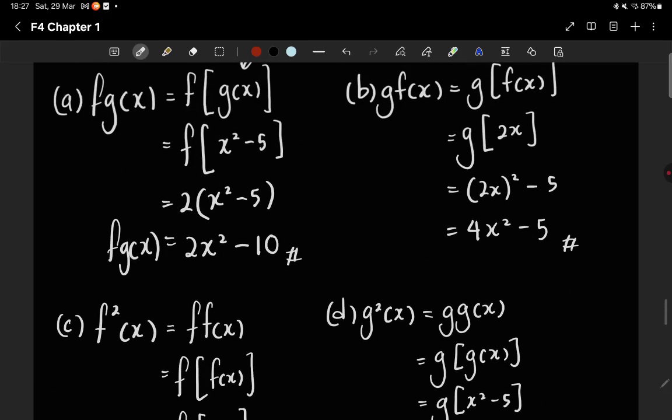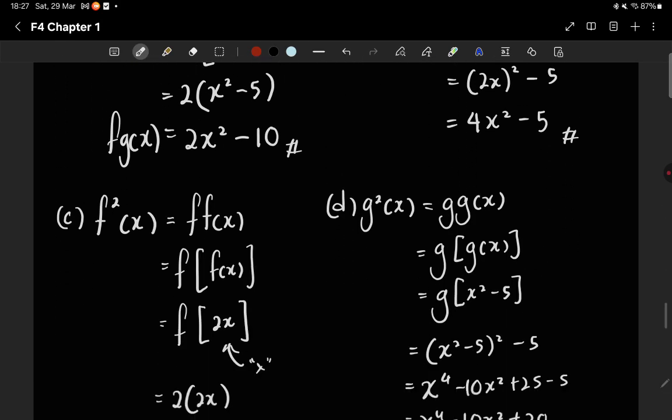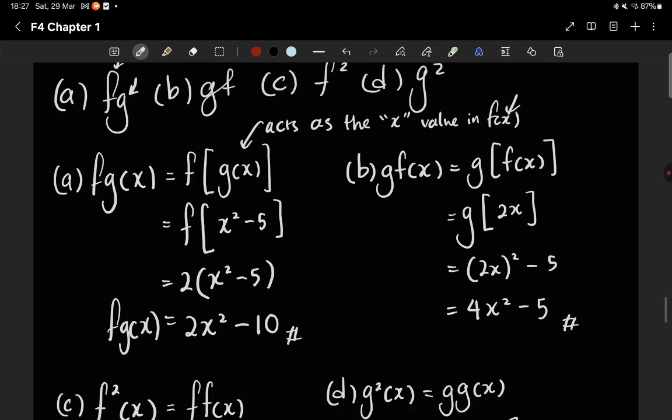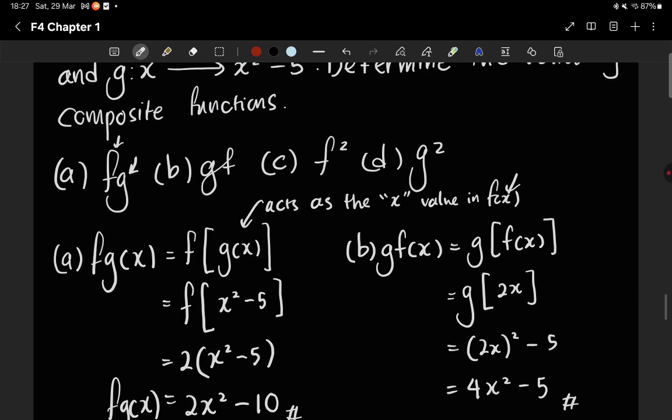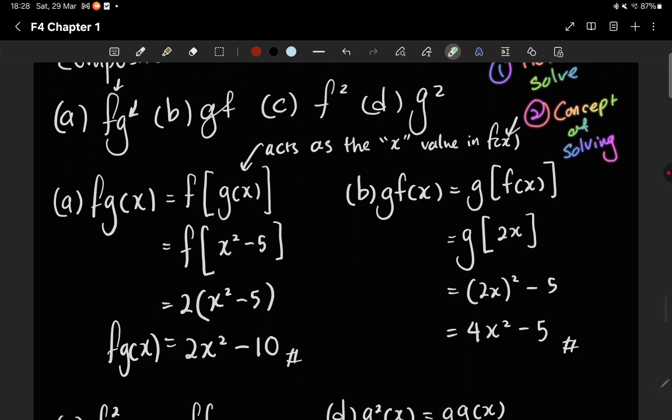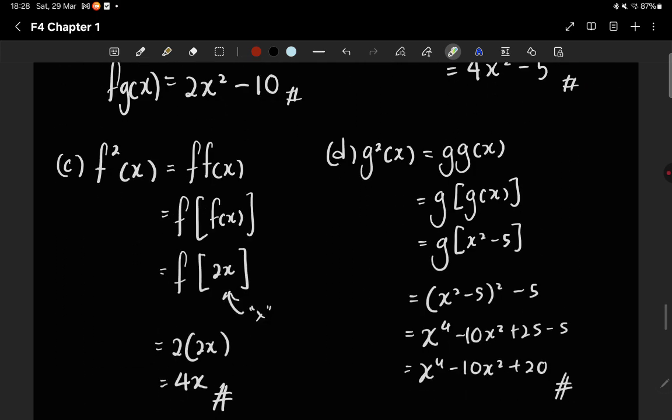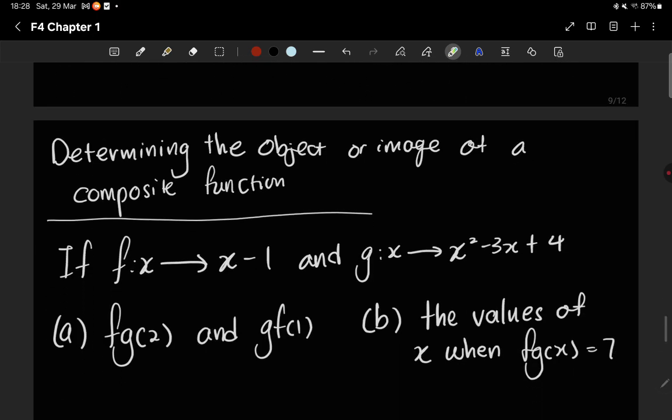Okay, so the reason why I did these simple questions was to show how I solved it, and number 2 is the concept of solving. So you get a rough understanding of how I overcome and go through these questions.